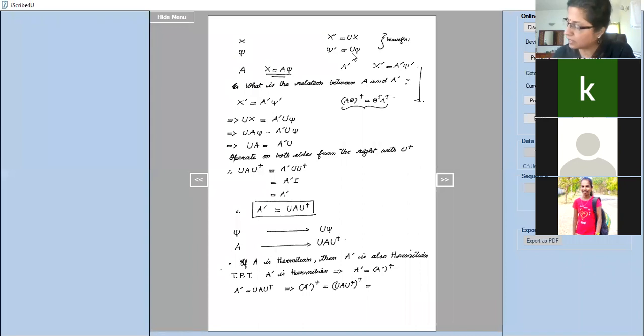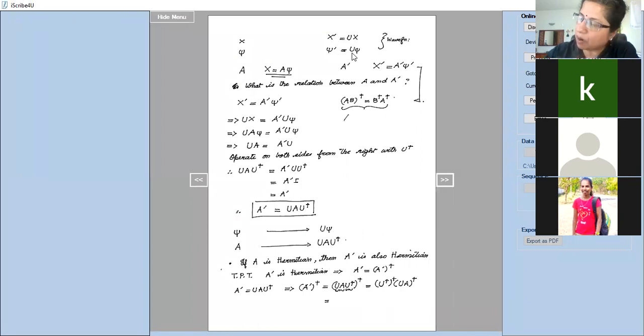Okay, so let us take UA together and take the U dagger separately. So I will write this as U dagger dagger, and here I will have (UA) dagger. Then this will be equal to U dagger dagger.